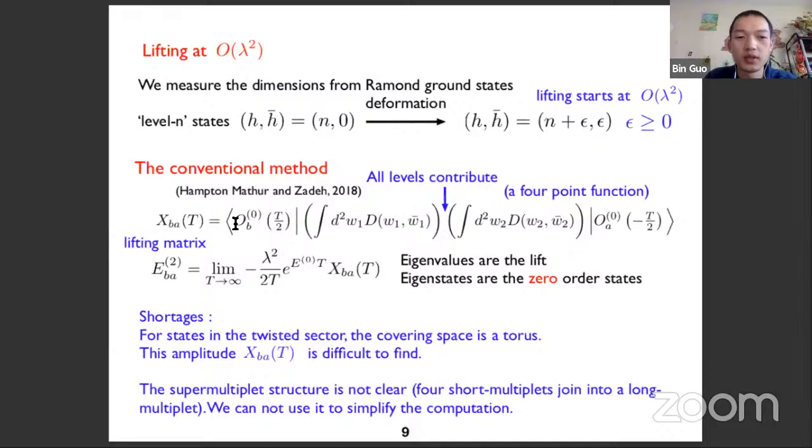You can compute all the O and find some O have the same lift, and you may conjecture they are part of the long supermultiplet. But the supermultiplet structure is not clear if you do not compute this explicitly. So we want to make this clear and show how to use this to simplify the computation.